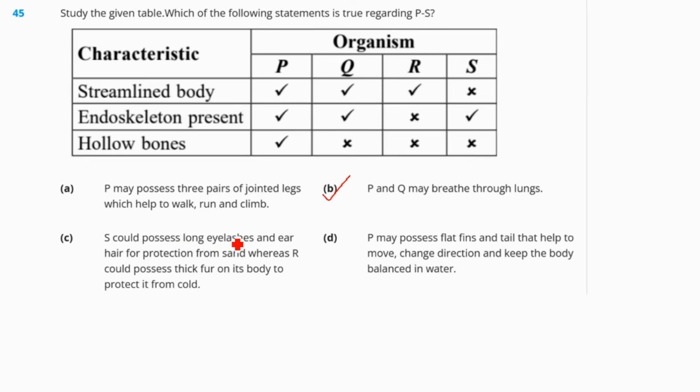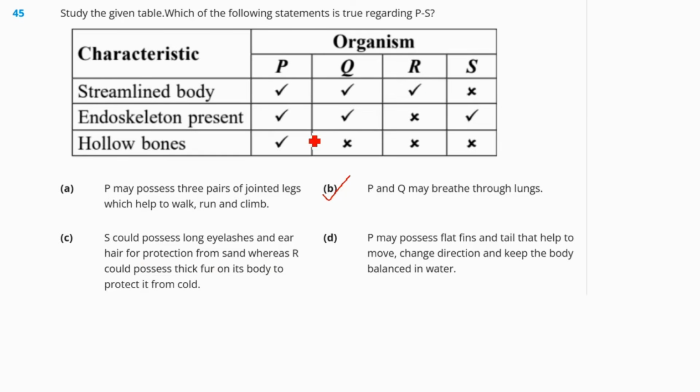S should possess long eyelashes and ears, hair here for protection from sand. S: endoskeleton present. Streamlined body, hollow bones. Whereas R could possess thick fur. No, not required. Streamlined body, because furry animals do not need any streamlined body.